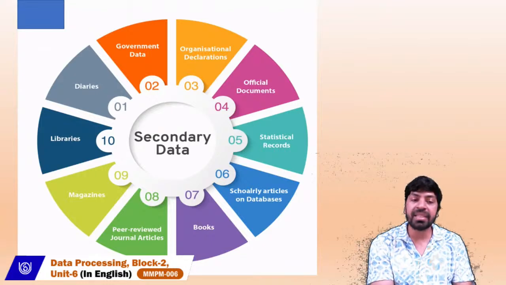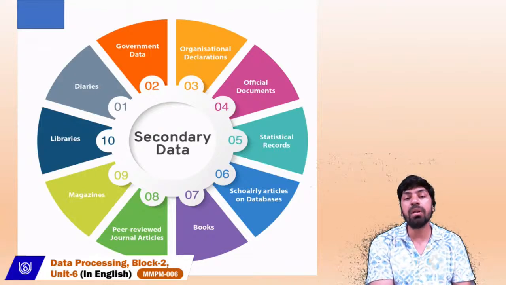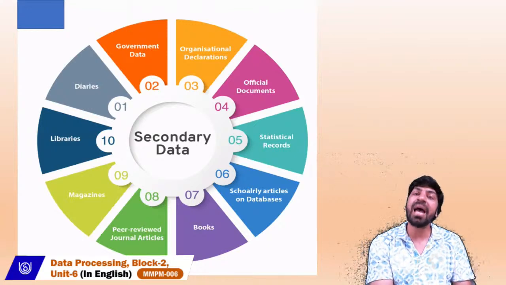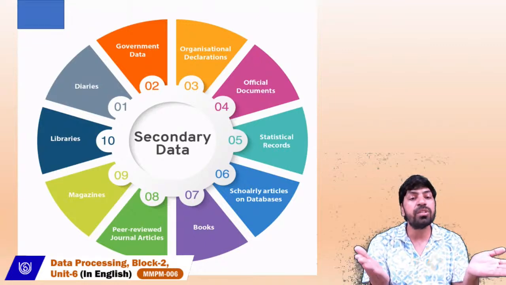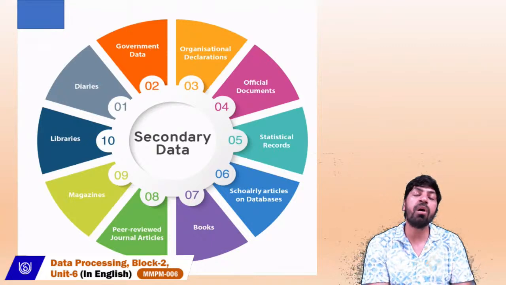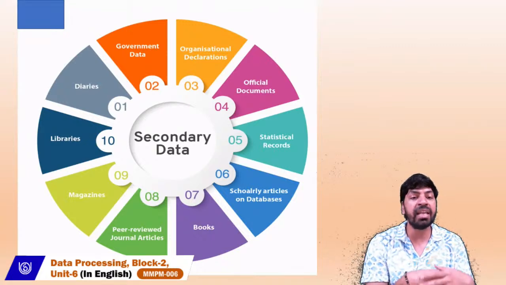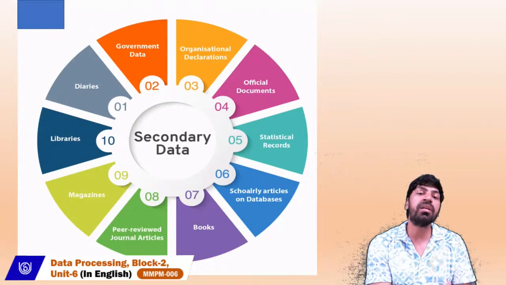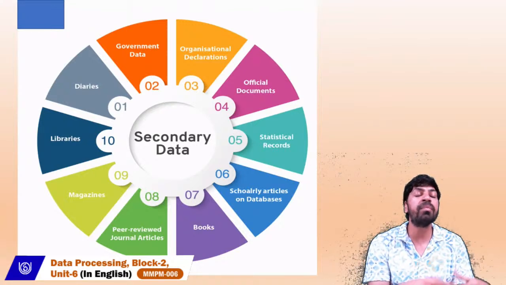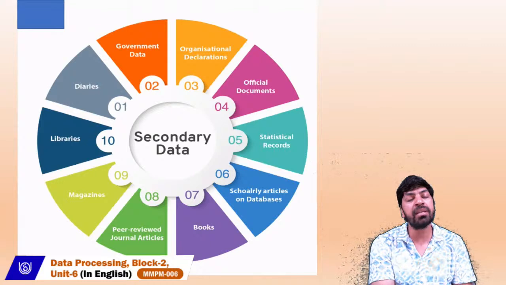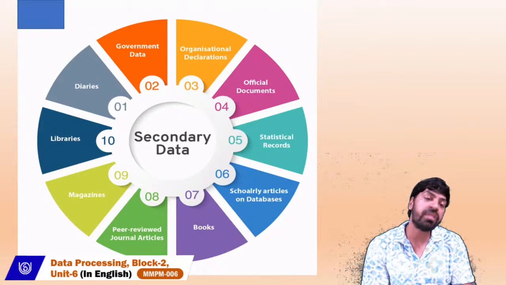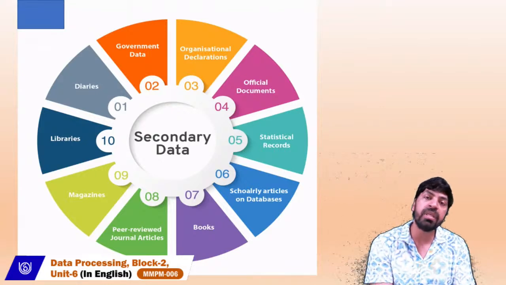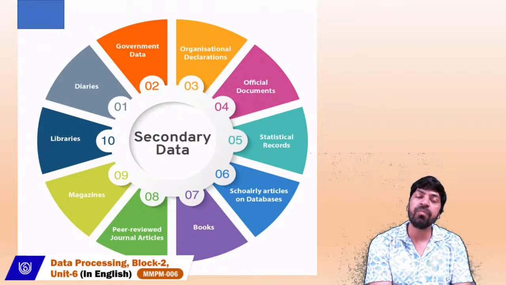Next is magazines, which are of course also one of the sources of secondary data. Next is the library. Libraries are also a major source, because anyone who visits a library or opens various digital libraries can easily get data relevant to the research topic and use it in their own research.